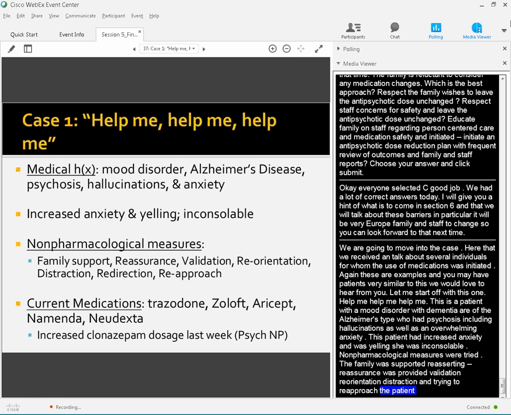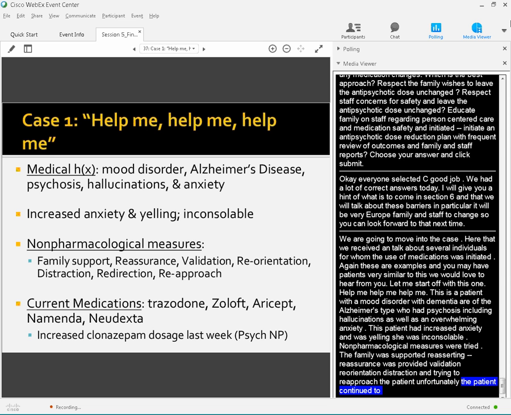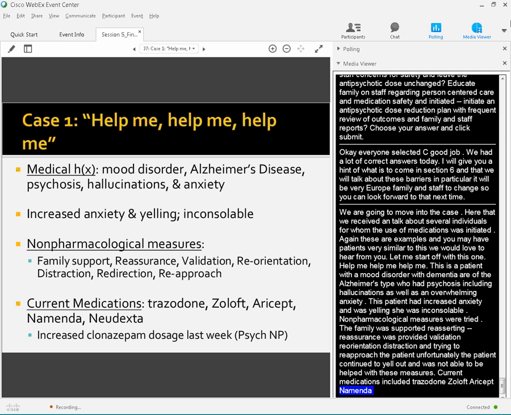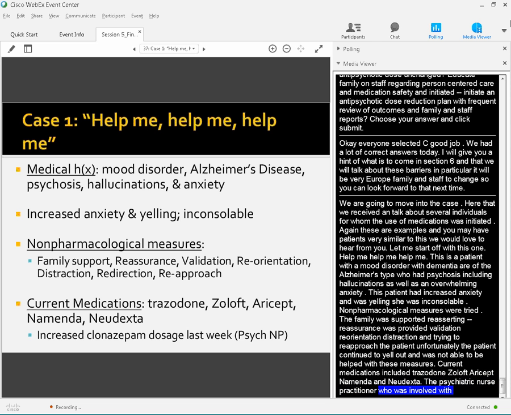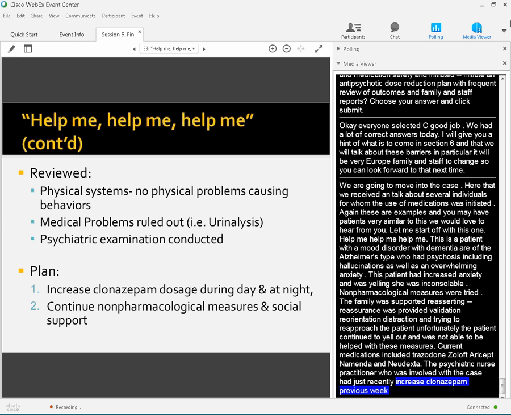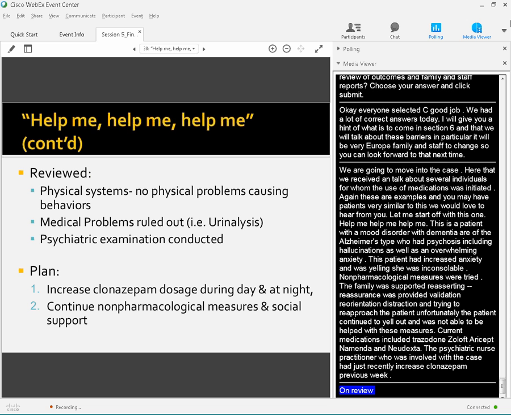Current medications included trazodone, Zoloft, Aricept, Namenda, and Nuedexta. The psychiatric nurse practitioner who was involved with the case had just recently increased clonazepam the previous week. On review, there did not appear to be any physical symptoms that appeared to be causing this escalation of behavior.